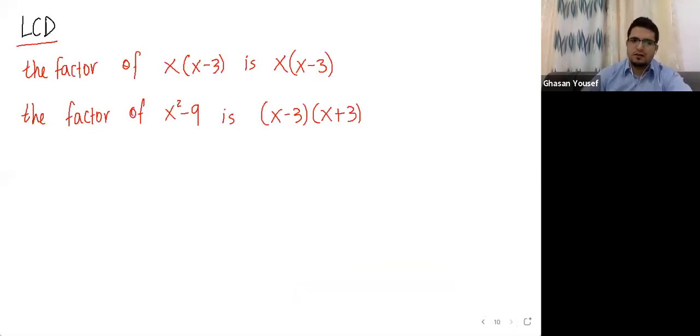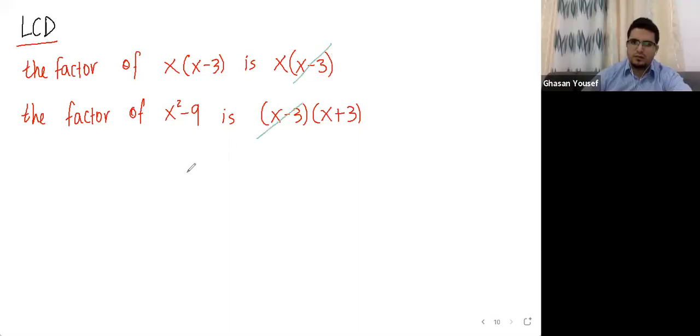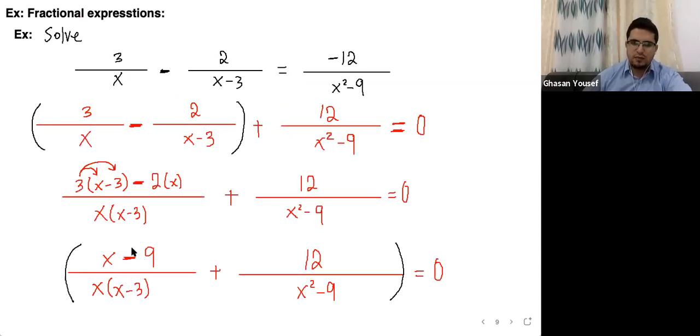Now we cancel the common factor. What is similar between these? You can cross out the x minus 3. Exactly. We can remove this from both sides. Now we go back to the fraction and multiply both numerator and denominator by what's remaining of the factor of x squared minus 9.